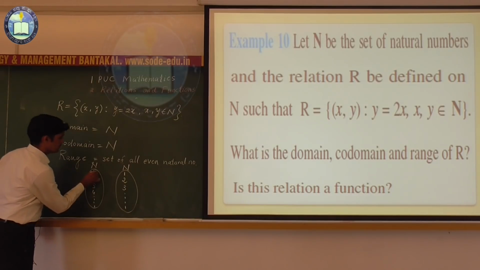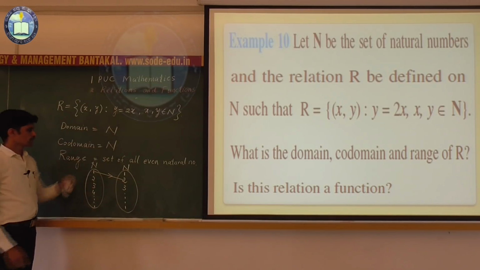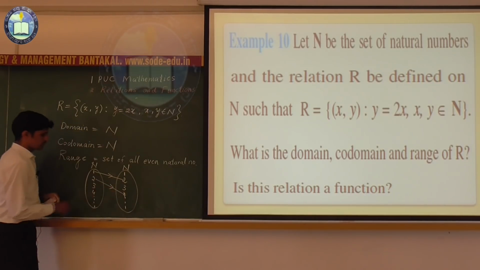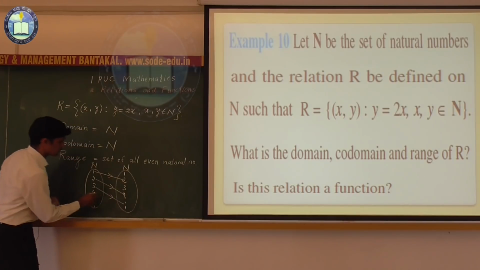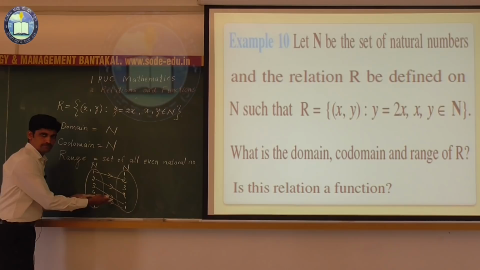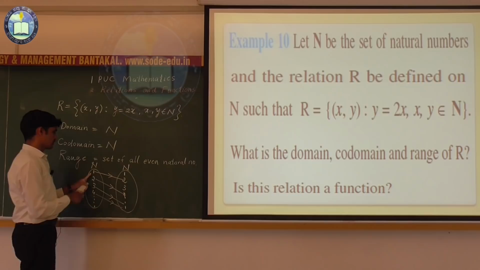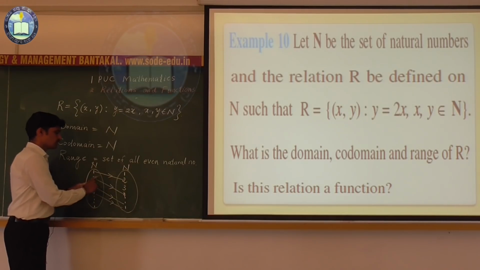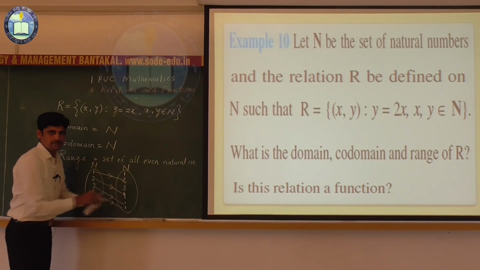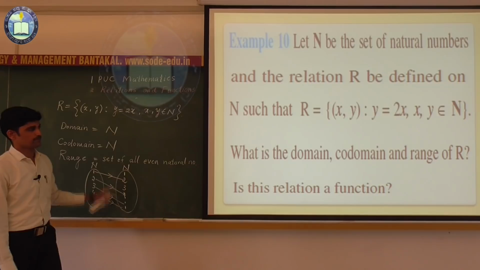Now, 1 is related to 2: the image of 1 is 2 according to the given relation. 2 is related to 4, 3 is related to 6, and so on. So every element in the domain has an image, and each element in the domain has one and only one image. The image of 1 is unique, the image of 2 is unique, the image of 3 is unique, and every natural number has a unique image. Therefore, this is a function.